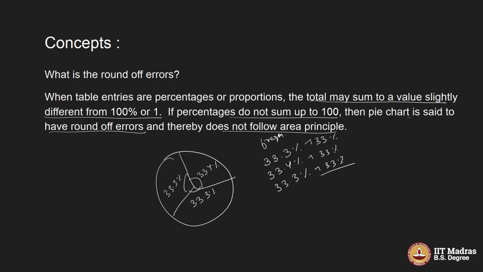As we can see, if we sum these values, we get 99%, which is not equal to 100%. The condition is that the percentages should add up to 100% or 1. So if percentages do not sum up to 100, then the pie chart is said to have round-off errors.